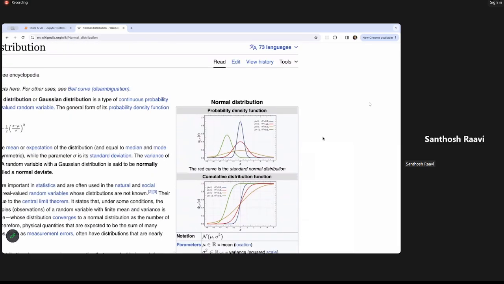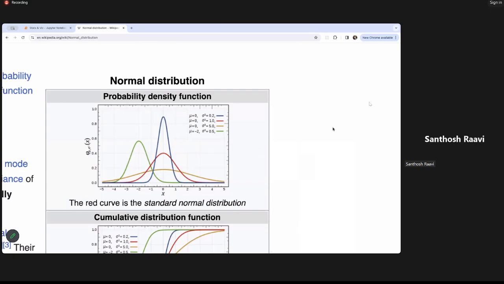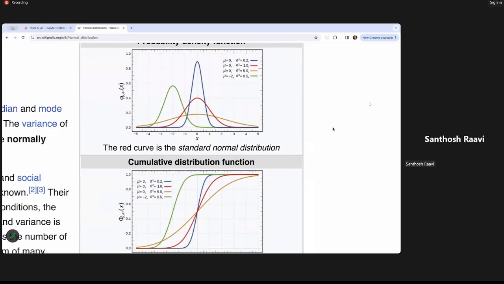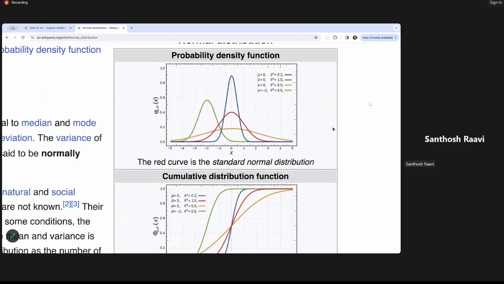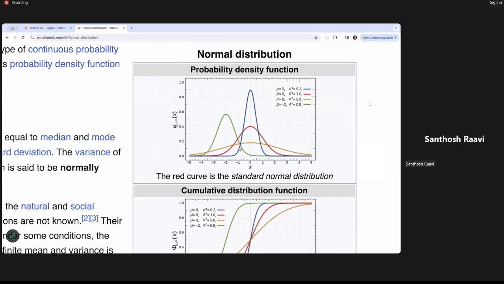Now, normal distribution. Always remember that if you change the standard deviation or the variance, the shape of the data will also change like this. But just remember this bell-shaped curve. If it is a bell-shaped curve, you assume it as a normal distribution.